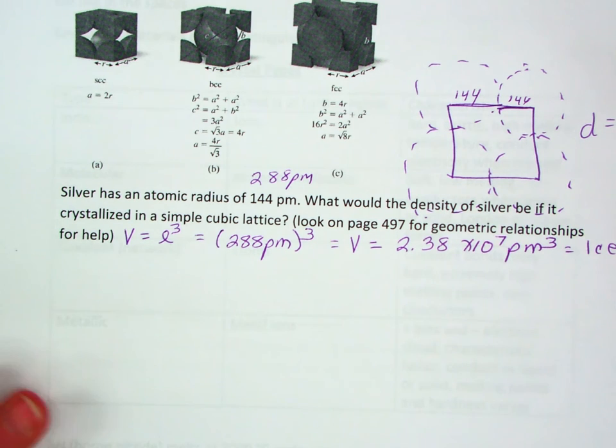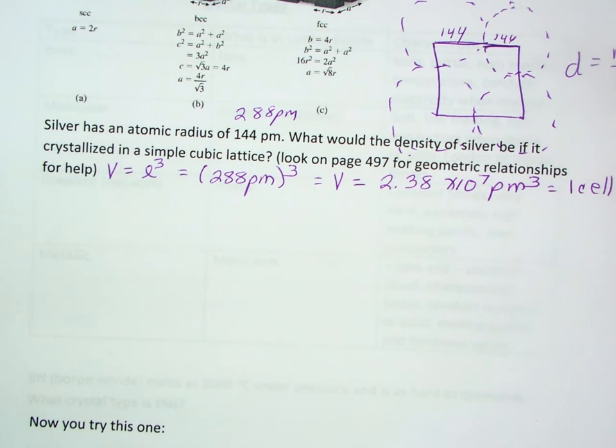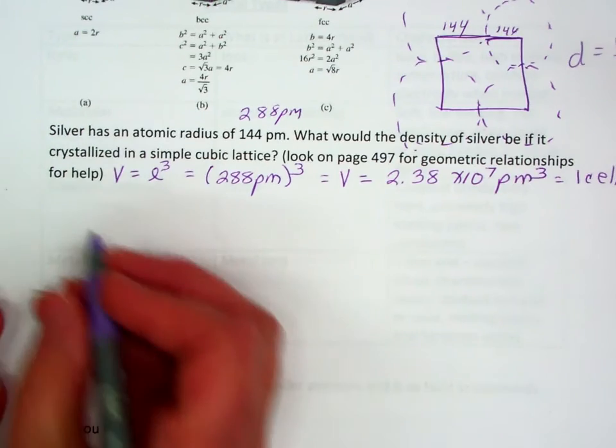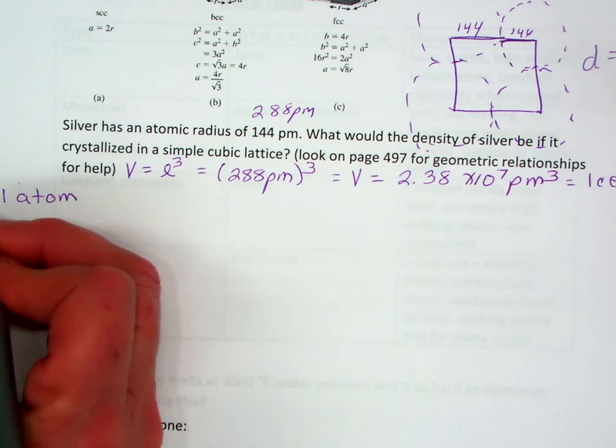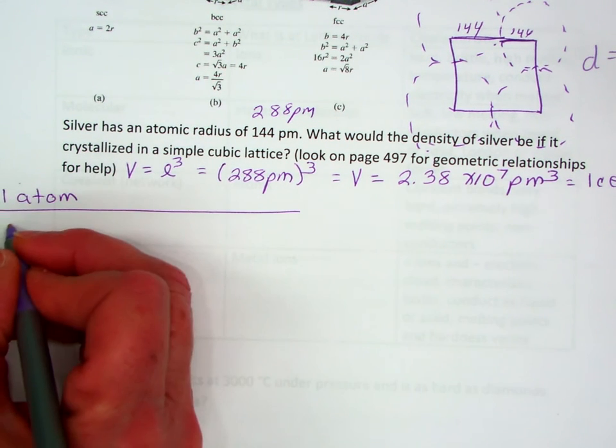How do I find out the mass of how much silver is in that cell? What do I know that would be useful about a simple cubic lattice? There's one atom per cell, right? So there is one atom of silver per cell.